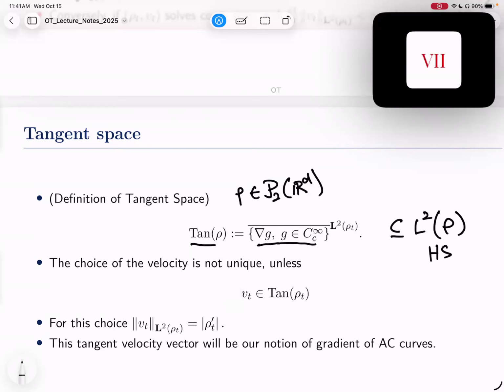We carefully use the word tangent space because, again, we want to impose some kind of Riemannian manifold structure on the Wasserstein space. And the Riemannian manifold gives an idea of a tangent at every point, and that's where we're heading towards. So what is a tangent at a point, at a probability measure rho? It is the set of all L2 velocity fields which are in the closure of the gradients of smooth compactly supported functions.